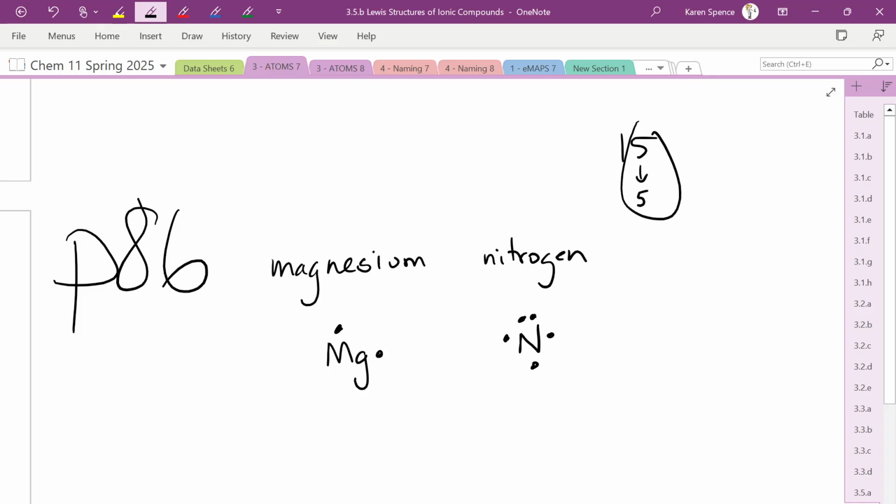Okay, so I have magnesium and nitrogen. So how many gaps do we have in nitrogen? We have 1, 2, 3 gaps, yes? So this one's going to go in here. This one's going to go in here.